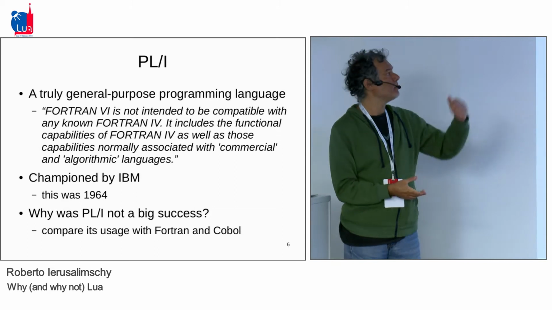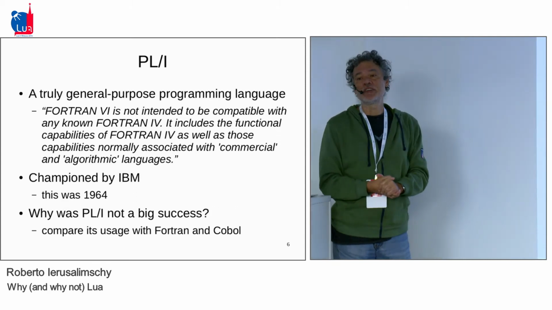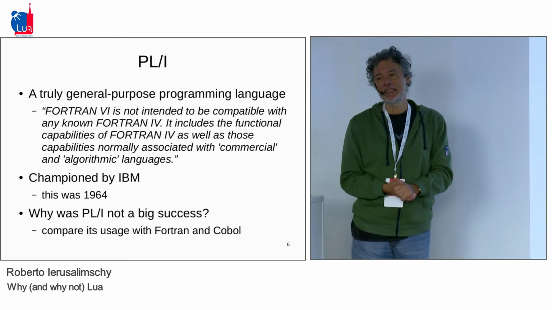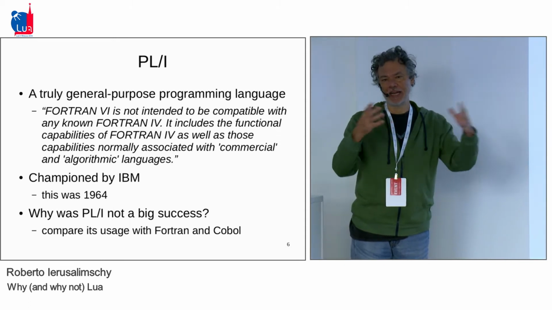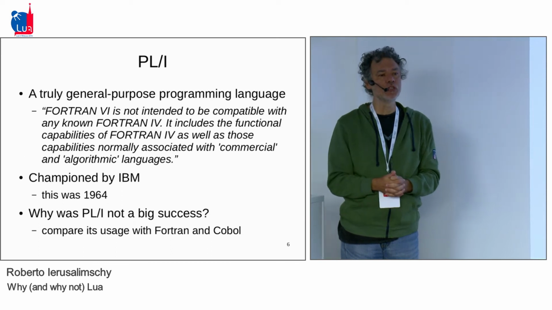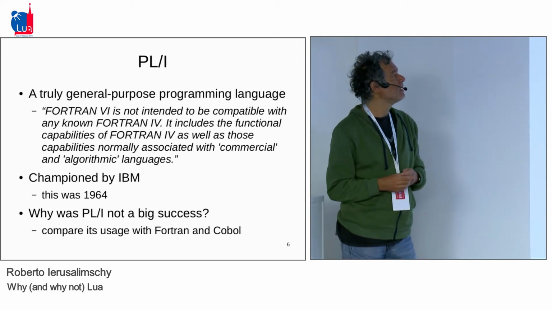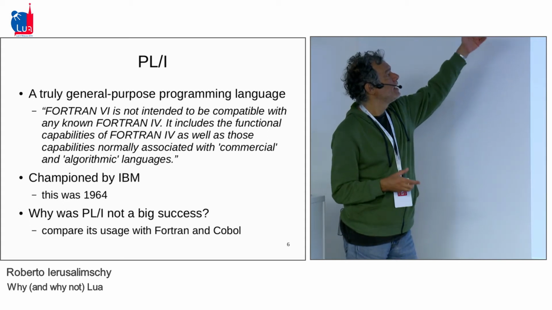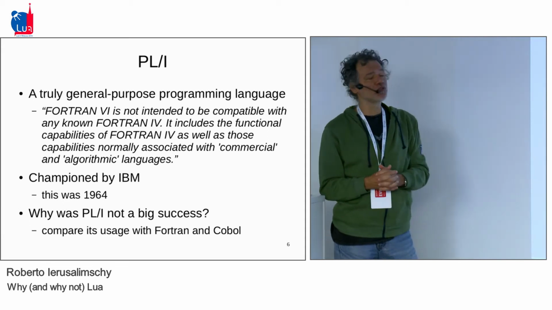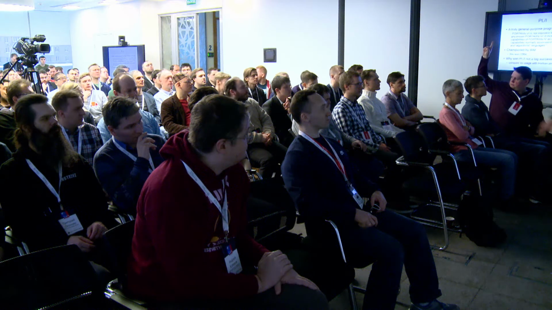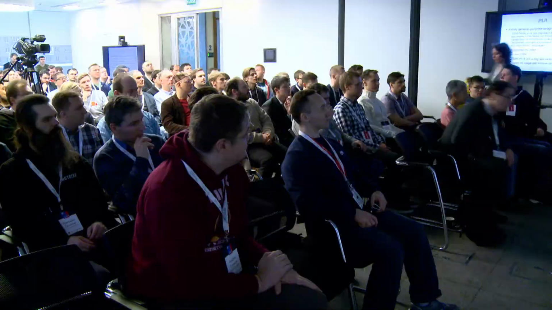They started with PL/1. It was a very, very big project from IBM, which at that time ruled the world in computing, the biggest computer company in the world, and they proposed the first general-purpose programming language, a language that should be useful for everything.